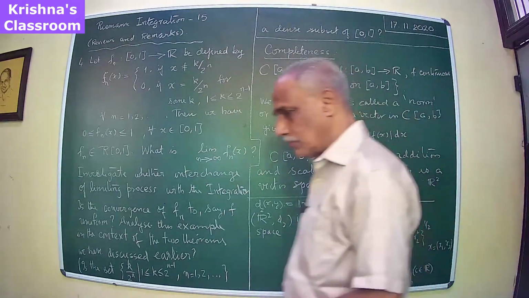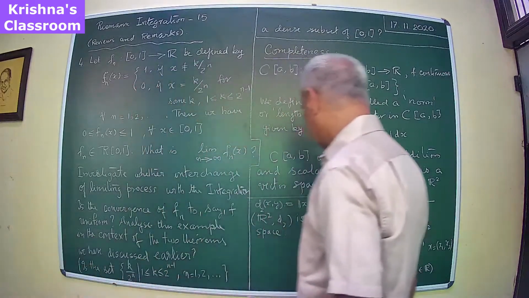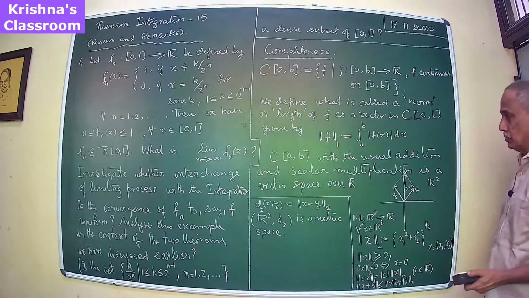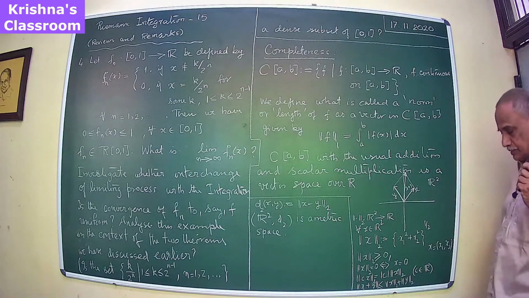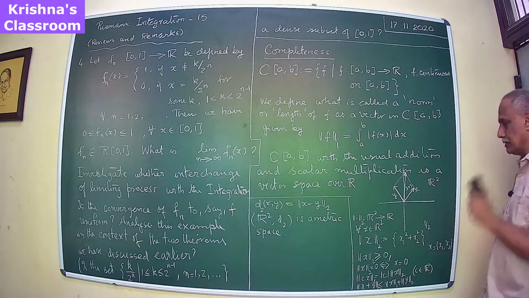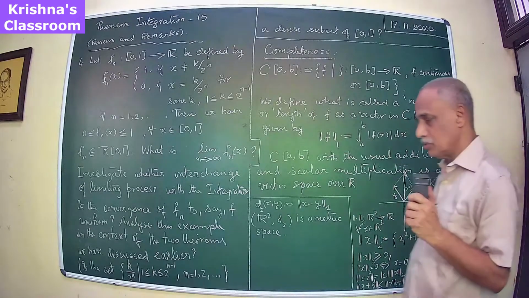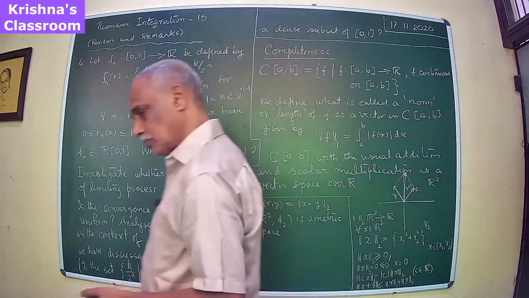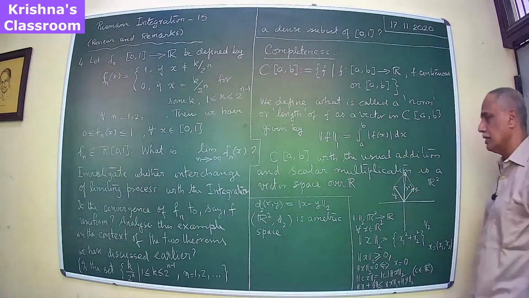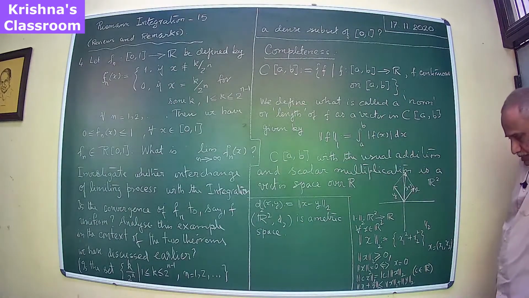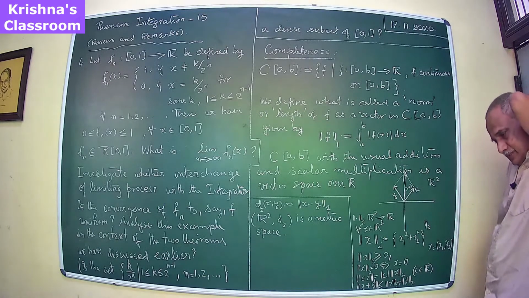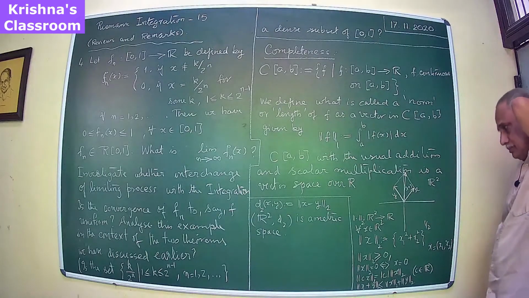I don't want to digress far too much into normed linear spaces. I want to make just one remark. Possibly other norms one can introduce on the same R2.